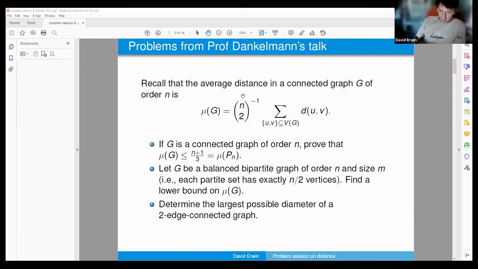Let me start, and I hope everyone's written this down, because what I'm going to do now is switch over from sharing the screen on my PC, which is showing the slide, to sharing the screen on my tablet so that I can write things down. So let me just stop that share. There we go.